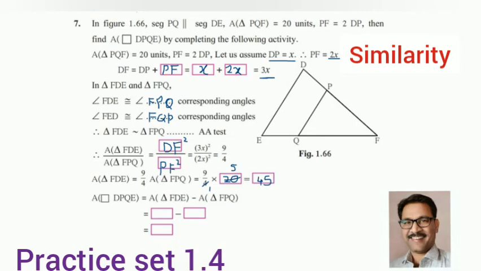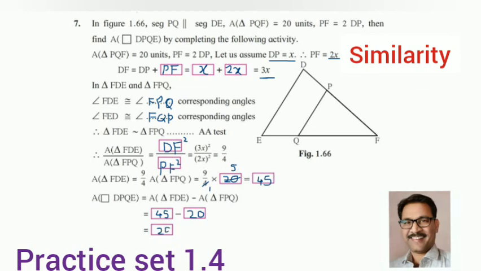Similarly, the next part is the area of DPQE, this particular quadrilateral. How do we get this? This triangle minus this triangle gives this quadrilateral. So FDE, the bigger one, we just found is 45. That one we write first, 45. Then this smaller one, which is already given to us, is 20. So we write 20 here, and then the next part is subtraction, which is 25.